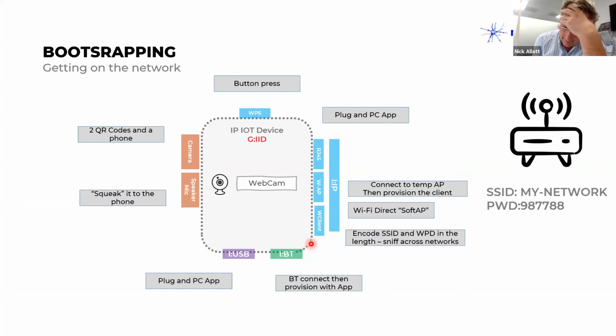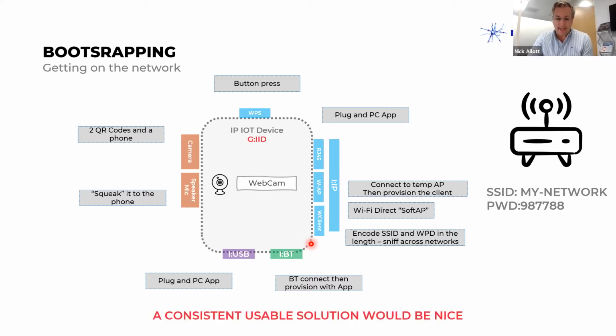Another device which doesn't have the credentials to access that Wi-Fi network can't see what the packets are, but it can see the packets and how big they are. So it looks at the length of the packets and decodes the credentials. It often takes a while, because it's a very unreliable method of communication. But once it's gathered enough information, it then attempts to actually connect. I think that's my 10.